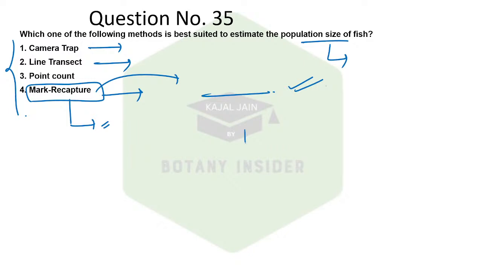Finding out the final population: it was sample 1 into sample 2 divided by the marked individuals that we got in the second recapturing, right? S2 was equal to marked plus unmarked individuals, right?